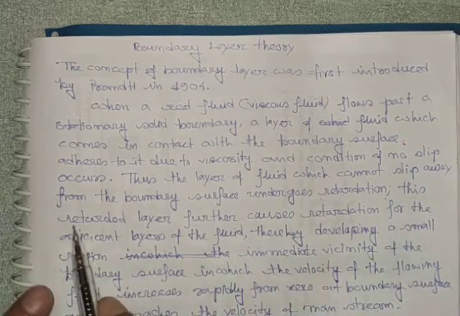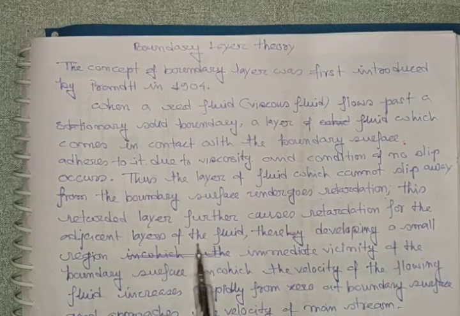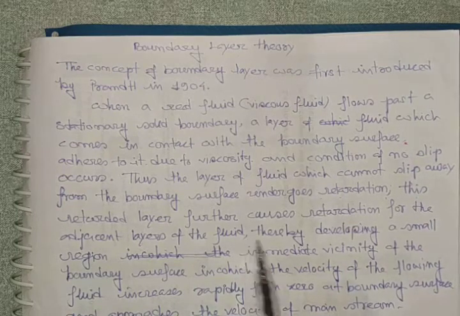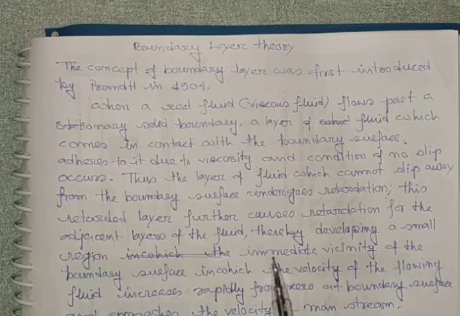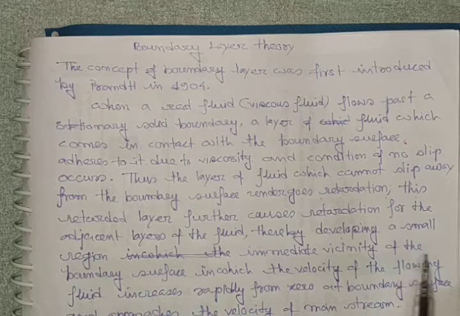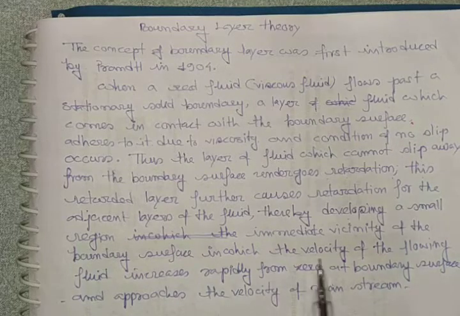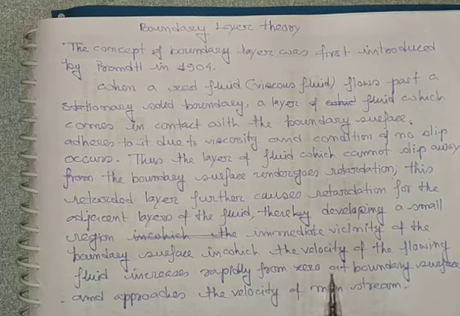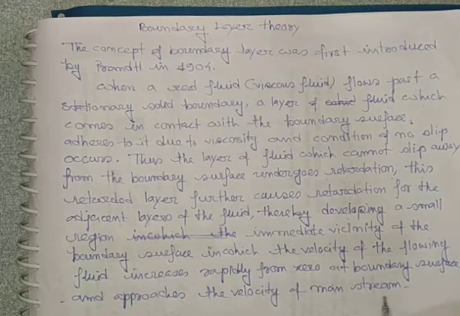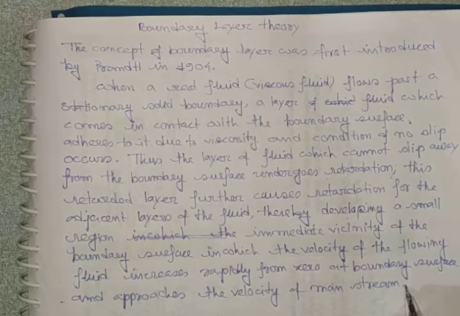This retarded layer further causes retardation of the adjacent layer of the fluid, thereby developing a small region in the immediate vicinity of the boundary surface, in which the velocity of the flowing fluid increases rapidly from zero at a boundary surface and approaches the velocity of mainstream or free stream velocity.